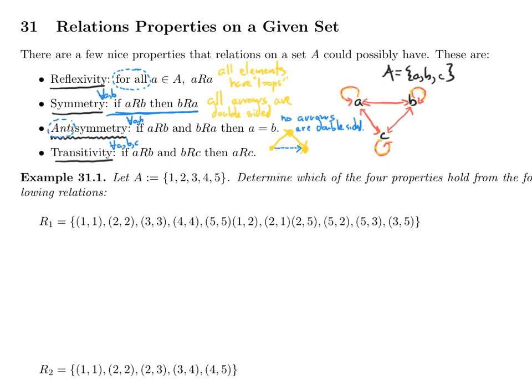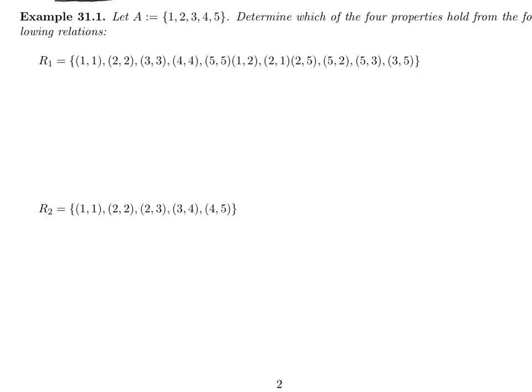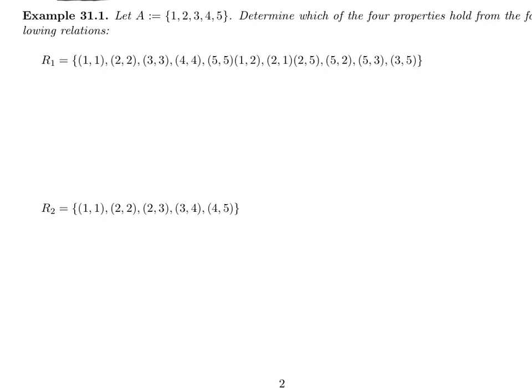Let's look at an example just to make sure we get the ideas here. In fact, let's do a couple. I think it's good for you guys to pause the video now and make a digraph for this relation on the set 1, 2, 3, 4, 5.